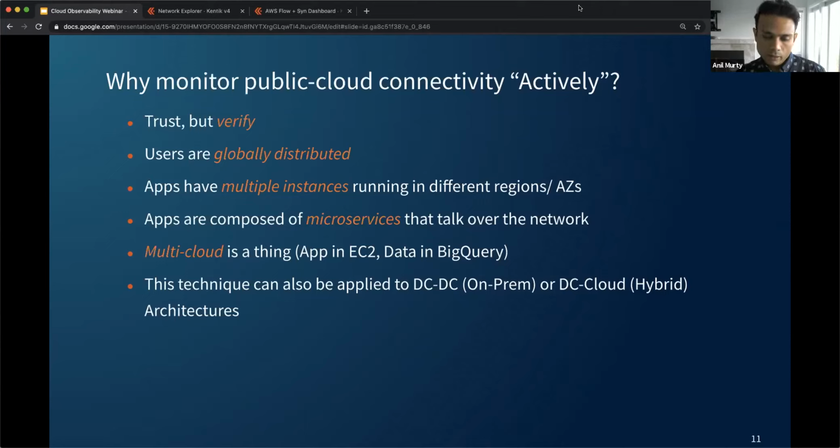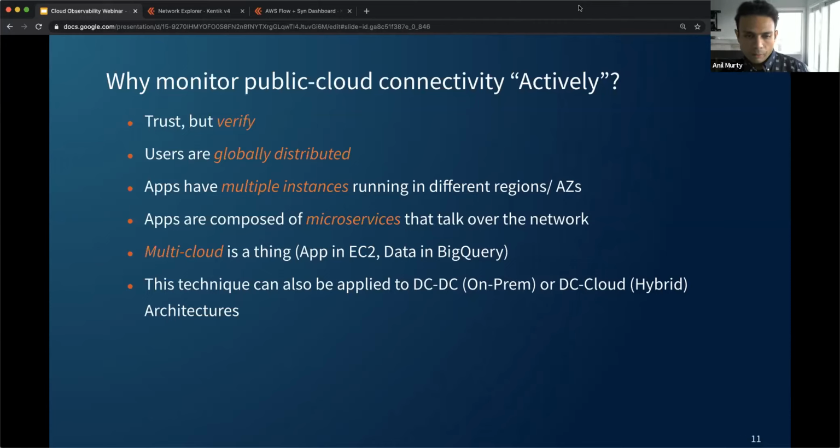One of the common things we hear every now and then is people really like having their data in BigQuery because of all the querying capabilities that Google provides. But they like to use EC2 for their app instances because they've already deployed there, or because it has the most common tools. So being able to ensure that your application instances sitting in EC2 are able to communicate with your data in BigQuery is critical as well.